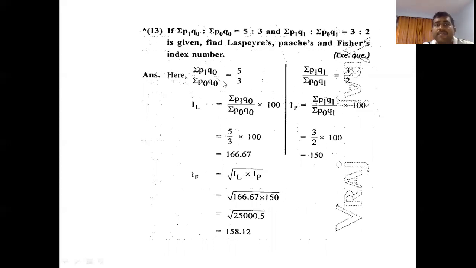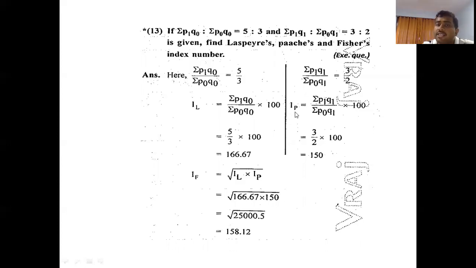Just listen carefully. Sigma P1Q0 upon sigma P0Q0 is 5 by 3. They have taken it into division form. Sigma P1Q1 upon sigma P0Q1 is equal to 3 by 2. I think the information is now very clear. So for finding IL, we have to use this particular formula. So from this we get 166.67 points.